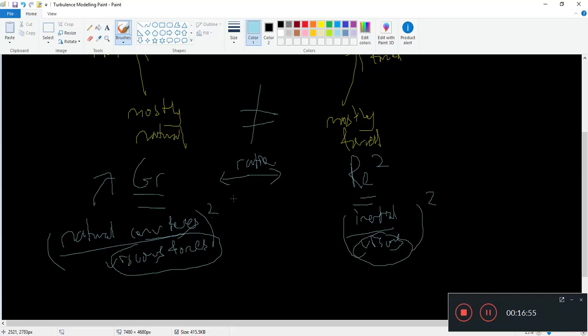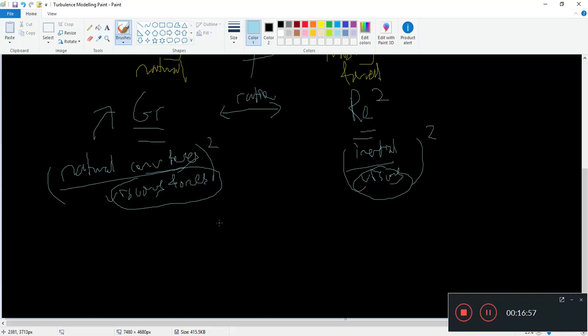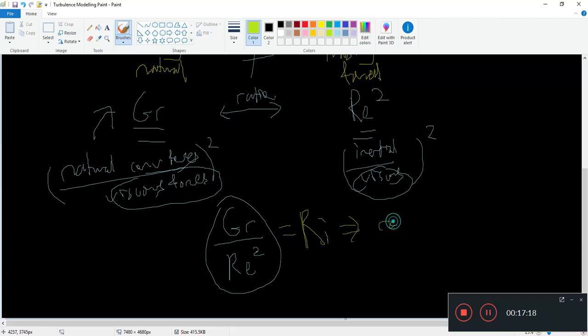So if you want the ratio of natural convection to forced convection, you would use this dimensionless number, and this is actually called the Richardson number. So this is the ratio of natural to forced convection forces.